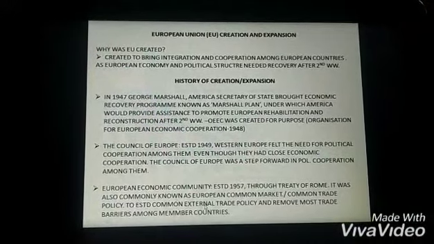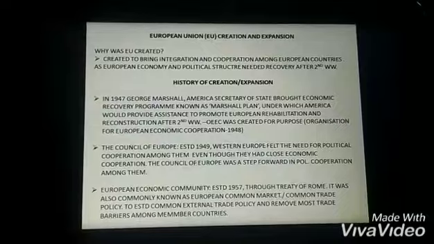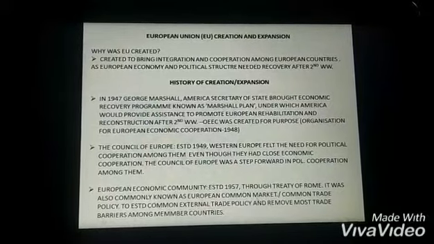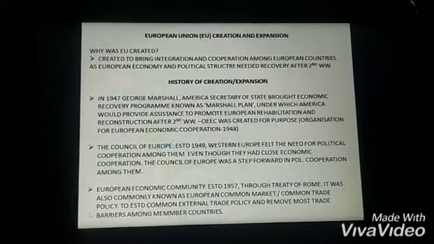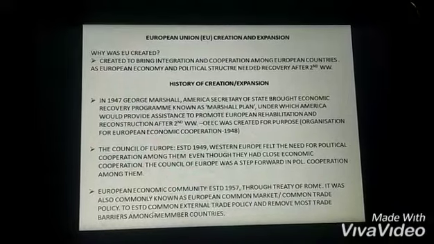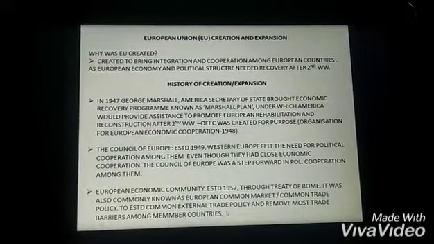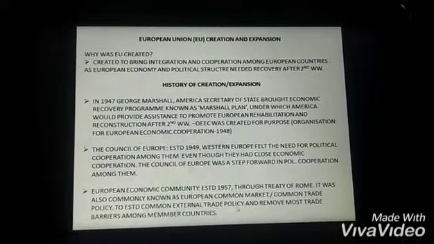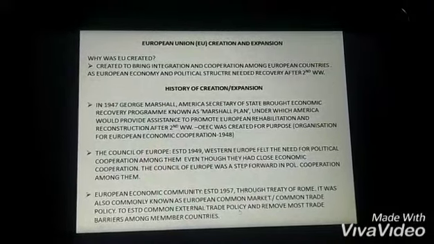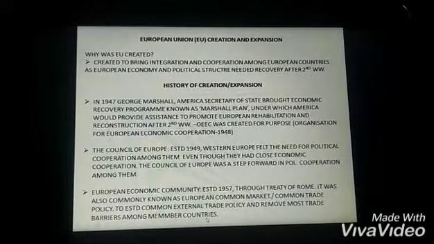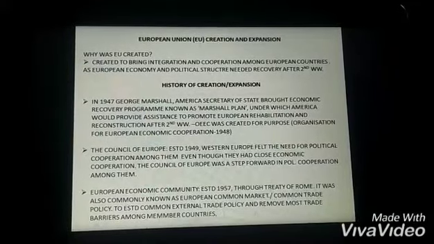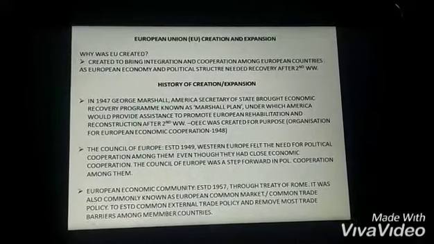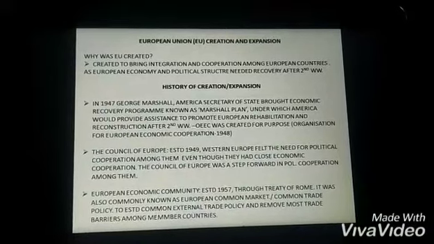In the same way, in order to avoid those kinds of things, they brought up this common market policy and common trade policies, and also established a common external trade policy. The European countries should have a common external trade policy. And among themselves, they wanted to remove maximum trade barriers.